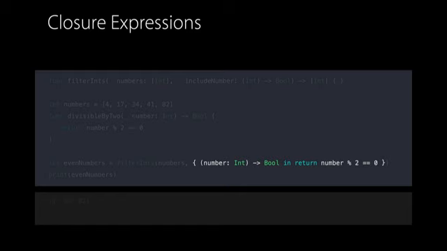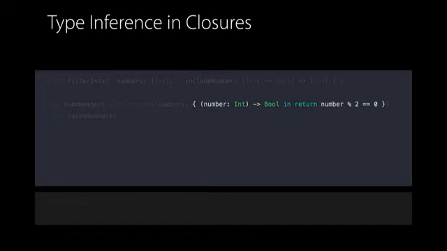Now this is the most explicit or complete way to write a closure, but as you've seen before, Swift can infer a lot of information from the context your code appears in. For example, the function type of the closure is already known from the type of the includeNumber parameter. And this means you don't need to write it explicitly.